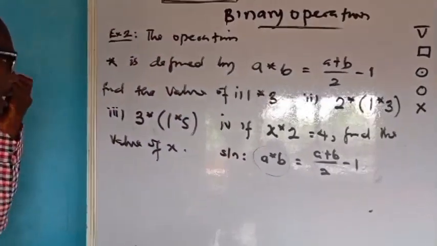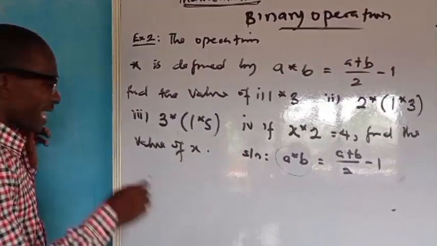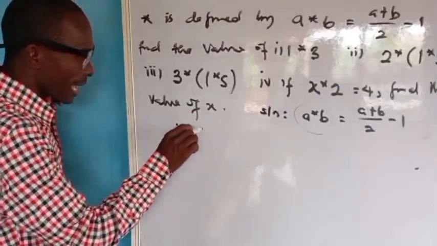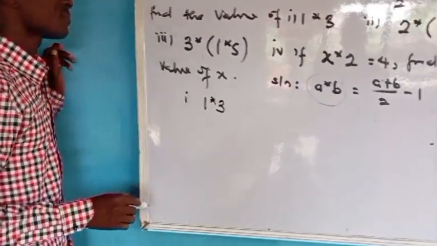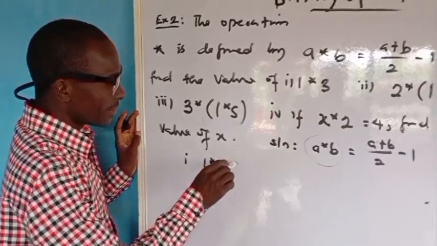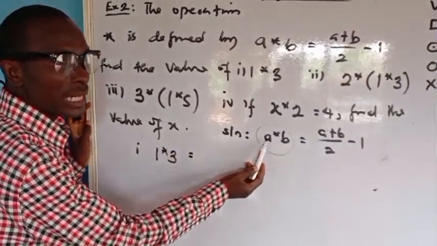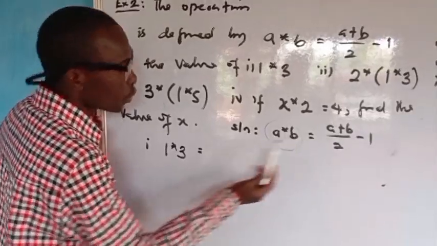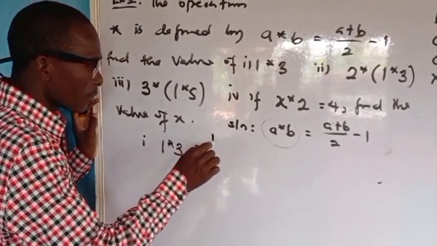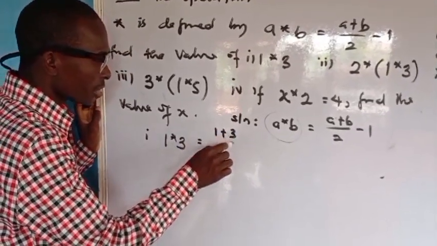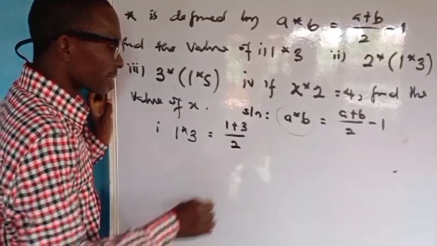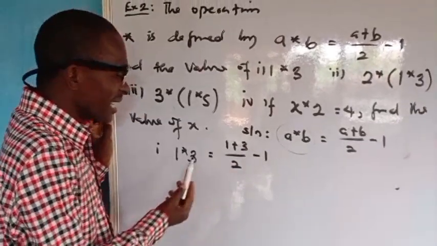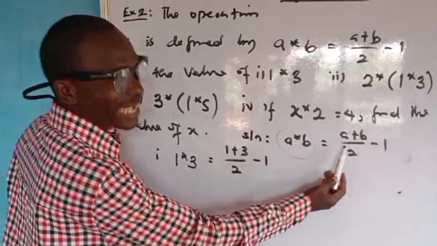Now, for this set to be defined, like question number 1 here, Roman figure 1, it's 1 asterisk 3. So in this case, our 1 is taking the place of A, and our 3 is taking the place of B. So we define this as 1 plus 3 over this minus 1, just as it is here.